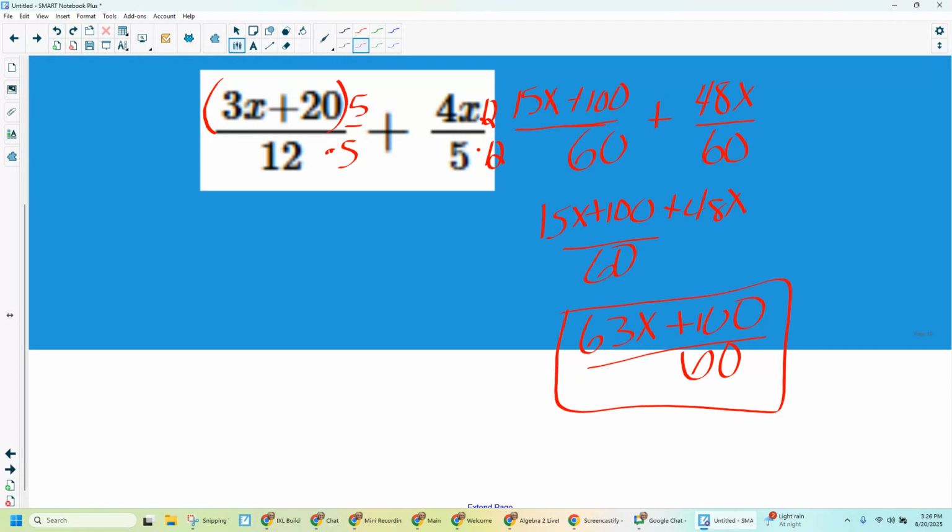If I could find something that would divide 63, 100, and 60 evenly, I could simplify that more. But since 63 is odd, I don't think I can do that. Can I divide it by 3? No, it won't go into all 3 of them the same. 7, nope, not 7 and not 9 either. So this is completely simplified, my final answer.